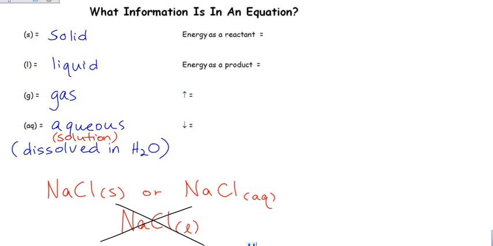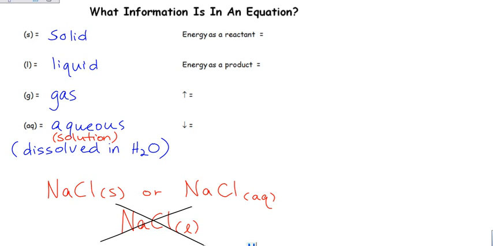Water. Water naturally occurs in the liquid phase. Or maybe like an alcohol that naturally occurs as a liquid. Or hydrogen peroxide. But not sodium chloride. It would never naturally occur as a liquid. We would either use it as a solid, or we would use it aqueous, dissolved in water.